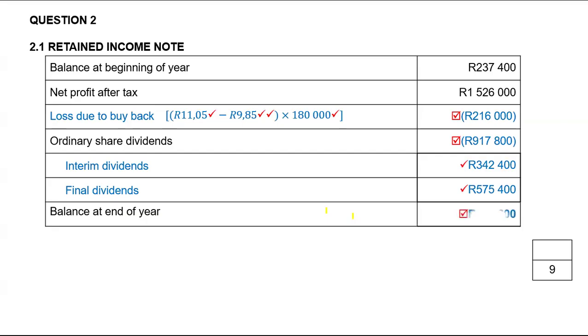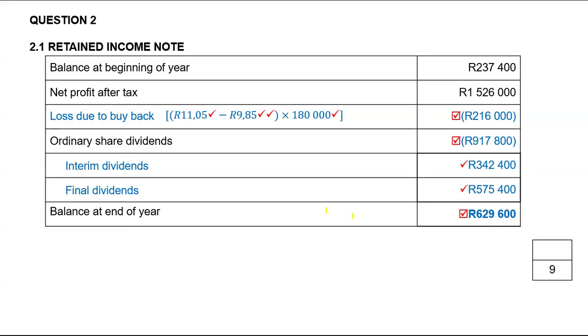You will get 629,600. That will be your retained income for this year.